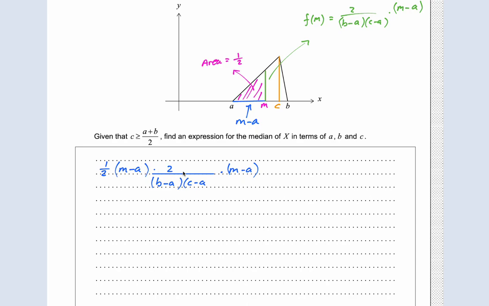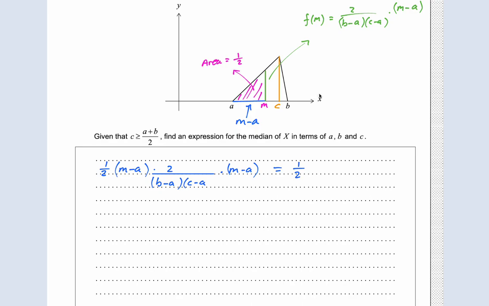And this equals a half, because the area is a half. This half has nothing to do with the other half. The area of the triangle is a half because it's half of the total probability.